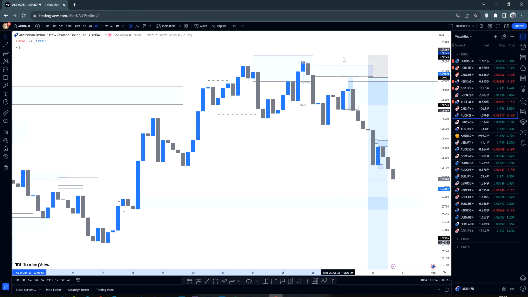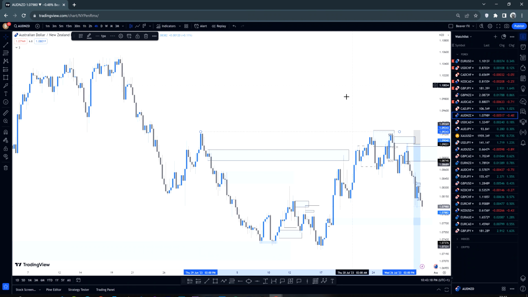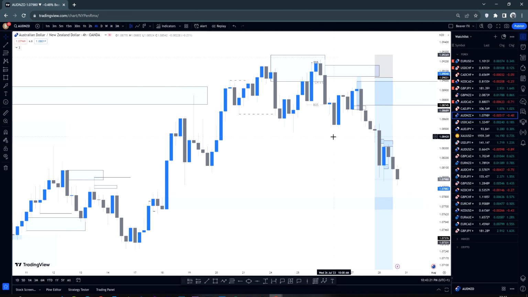The reason I marked this initial high is for me to know when there's a sweep of major liquidity to the upside. This was this high, so that's why I have to mark it there. I'm just trying to see what the market is actually doing, to know how to enter into the market. So this is the order block that I've marked here. This is the last buy candle for that, and I've marked that as my order block.